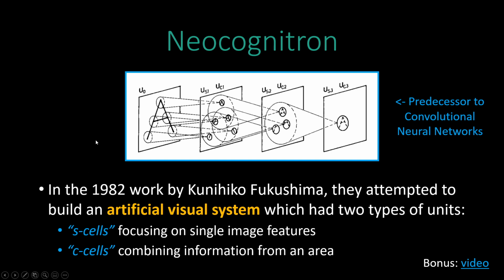So this was experimental work, and it worked as a predecessor to convolutional neural networks. Similarly to the study of biological visual systems, they attempted to create an artificial visual system which would also have two types of cells: one focusing on a single image feature, and then one which would be combining information from an area.